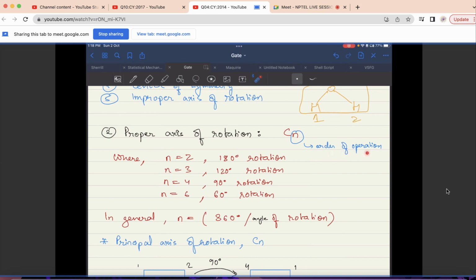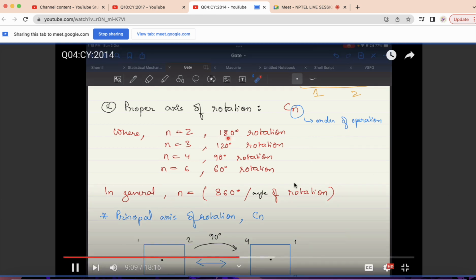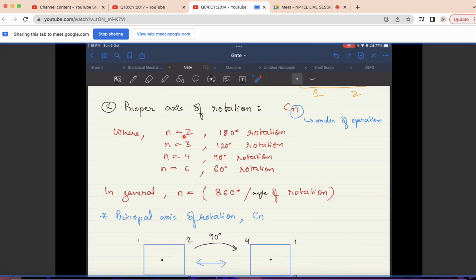The order of operation means n, like 2, 3, 4, 6. If I am doing a 180-degree rotation of a particular molecule through the axis C, then n is equal to 2, so the order of the operation is 2.